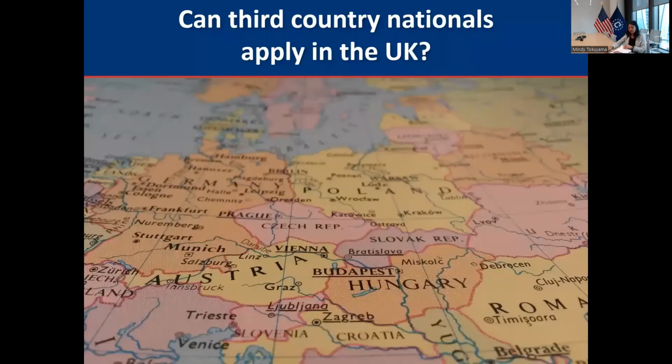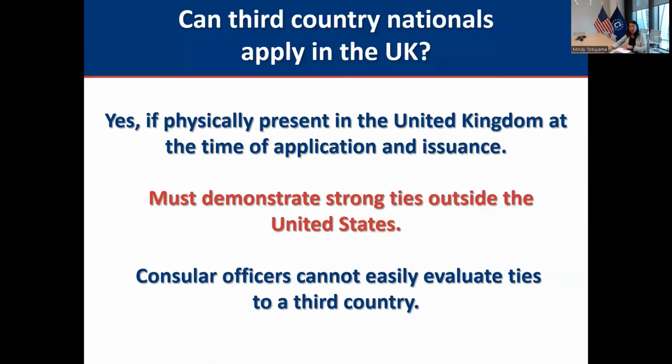Okay, all right, so can third country nationals apply in the UK? Yes, the visa application is open to everyone. But know that if you're applying in the UK, the consular officer will be assessing your ties to the UK. So for instance, if you're a national from a third country and you're currently studying in the United Kingdom or you're living here working, then it would make sense for you to apply here. You can select London or Belfast.